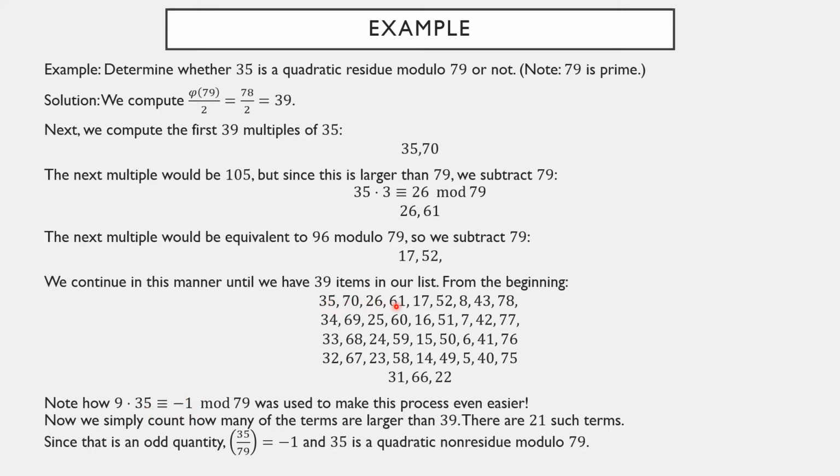So since I made my rows have length 9, going down to the next row would be the same thing as going forward 9 steps in the procedure. Going forward 9 steps just takes away 1. So this was not a coincidence. You may have noticed that as these rows got listed out, this was one less than that, this was one less than that, and then this is actually one less than this. 32, 67, 23 goes to 31, 66, 22.